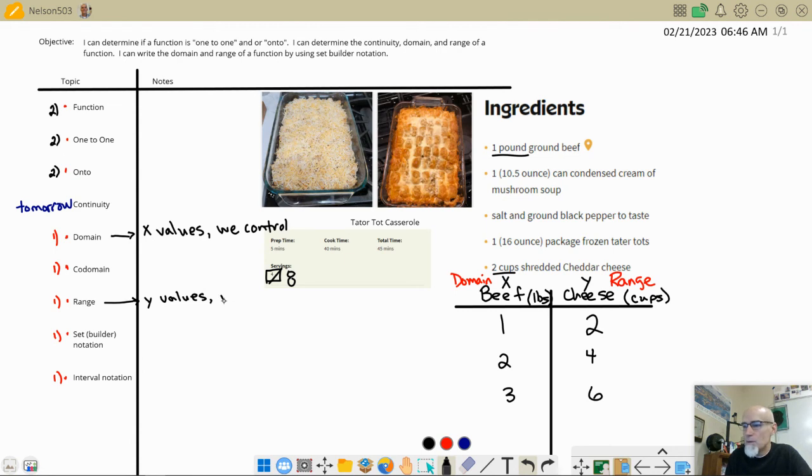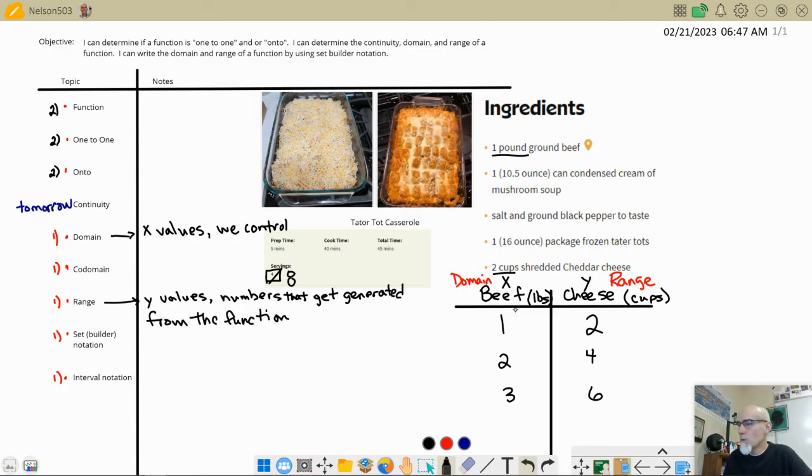So these numbers that get generated from the function. All right, so let's dive into this a little bit more.